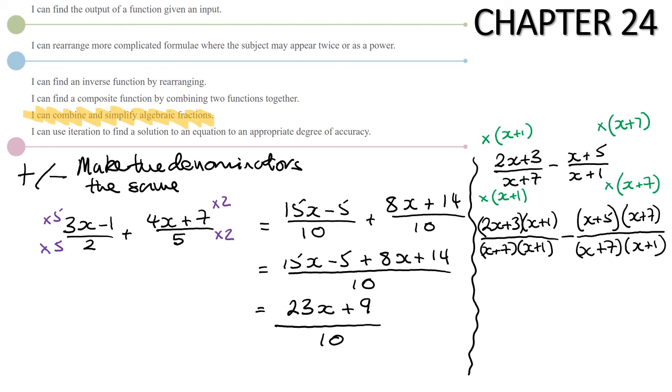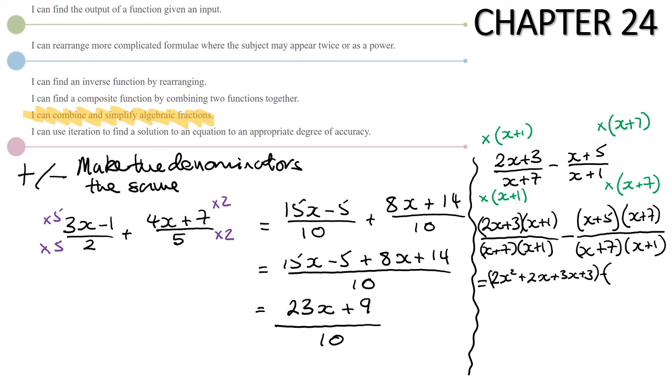Okay, so now you can see we've got the same thing in both denominators, so we can move on to the next step, which is expand the brackets at the top. If I do that, it will be a lot of stuff. I'll have 2x squared plus 2x plus 3x plus 3, that's from the first bracket.